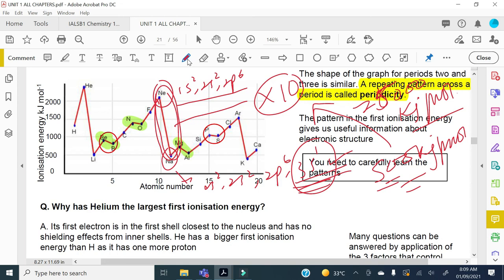Okay. Now your course is giving you a graph showing the first ionization energy of different elements, and you will face another graph showing the successive ionization energies of the same element. This one is giving us a pattern. See this pattern, okay?